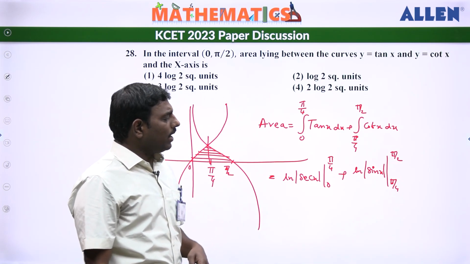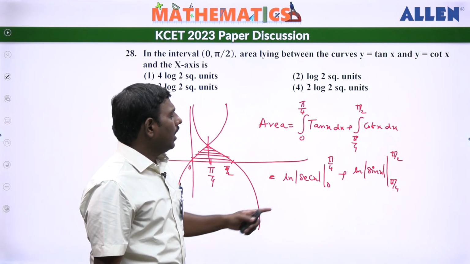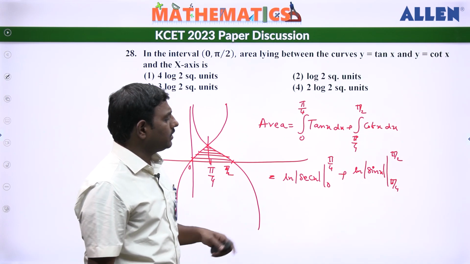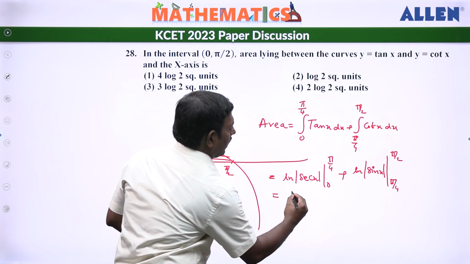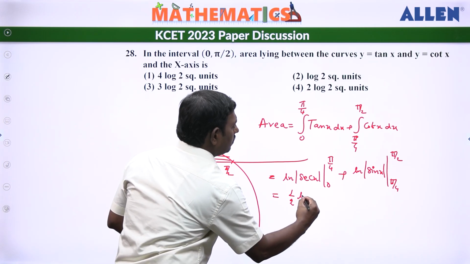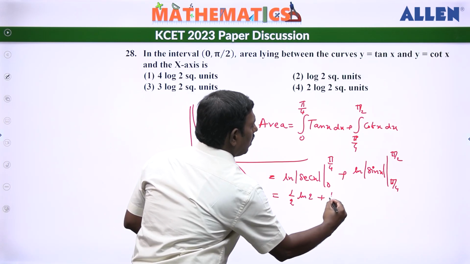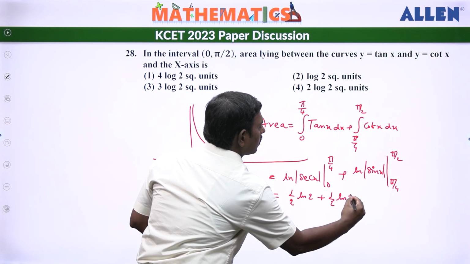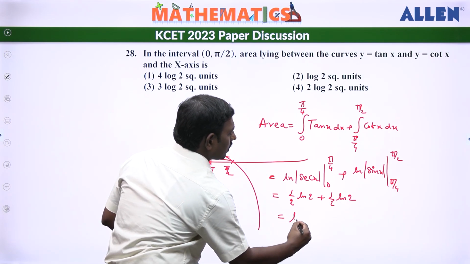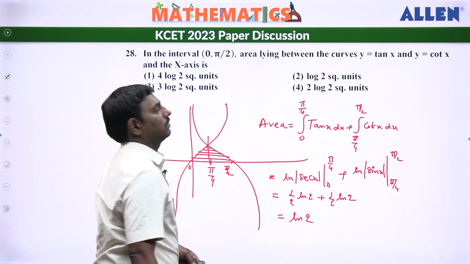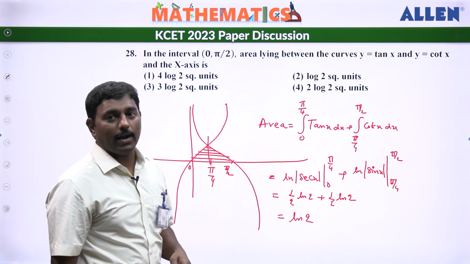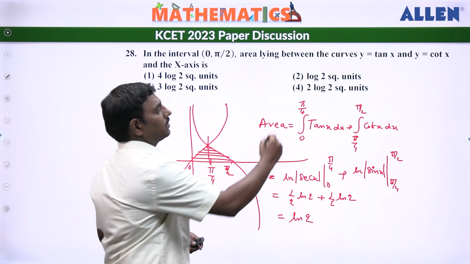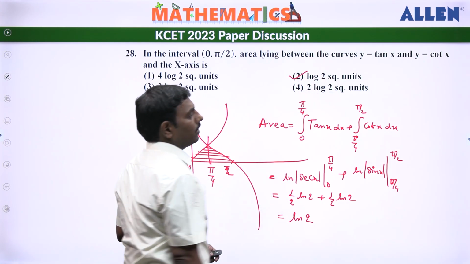So sin pi by 2 is 1 and ln 1 is 0, and secant 0 is 1 so ln 1 is 0. From this we will get half ln 2 plus half ln 2, which is equal to ln 2. So the area bounded by the curves y equal to tan x and y equal to cot x is ln 2 square units.